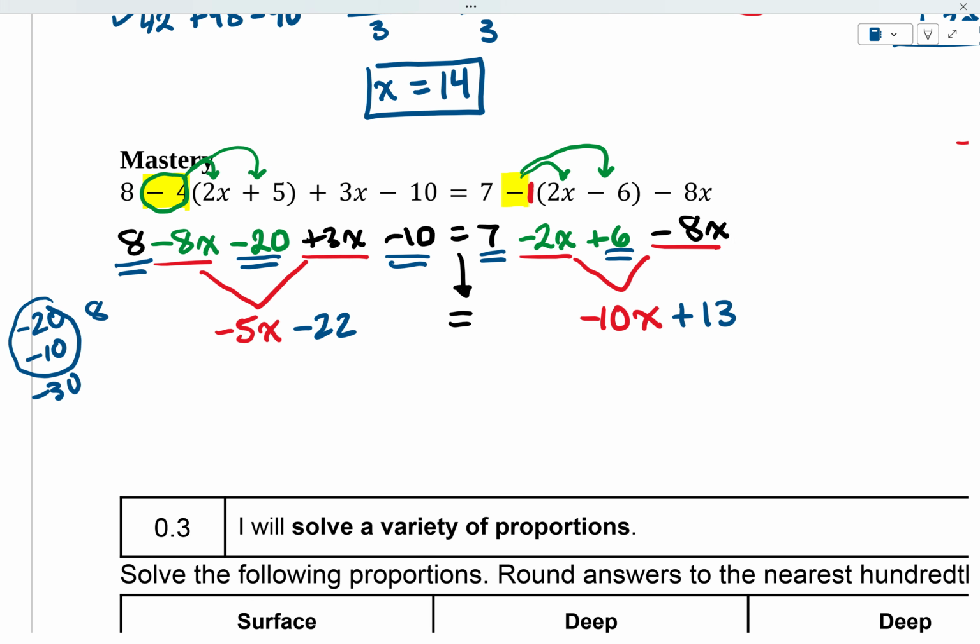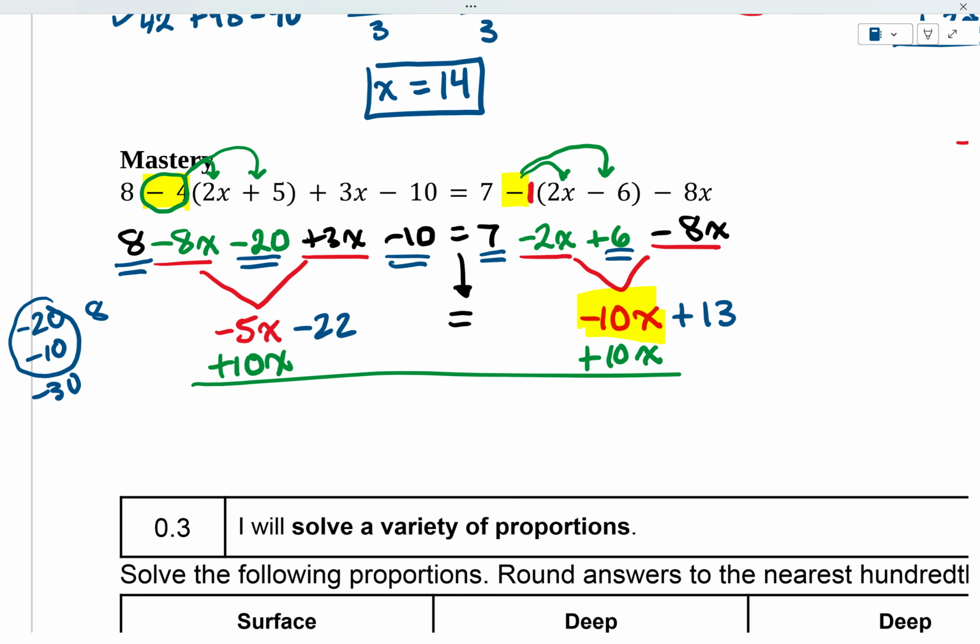We have a variable on each side. We have a negative 5x and a negative 10x. If you remember my suggestion, work with the smaller variable. That's negative 10x in this case. So what we're going to do is go ahead and do the opposite of subtract 10x, which is add 10x to both sides.